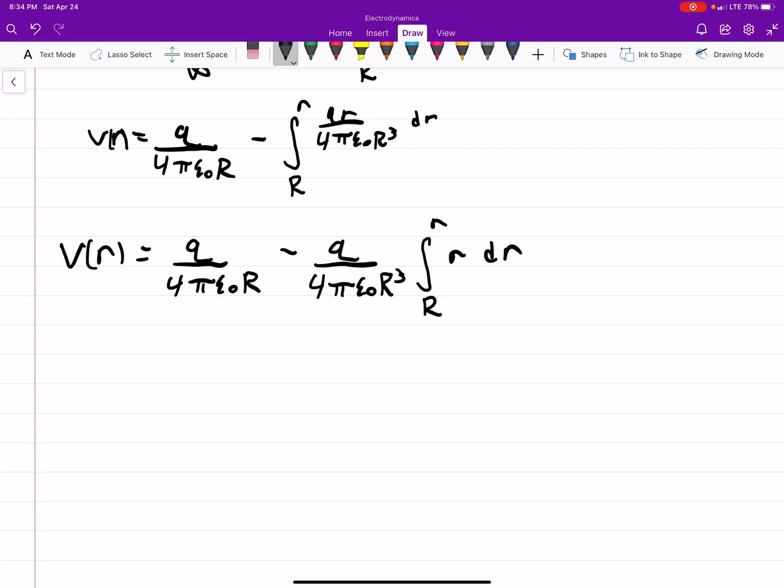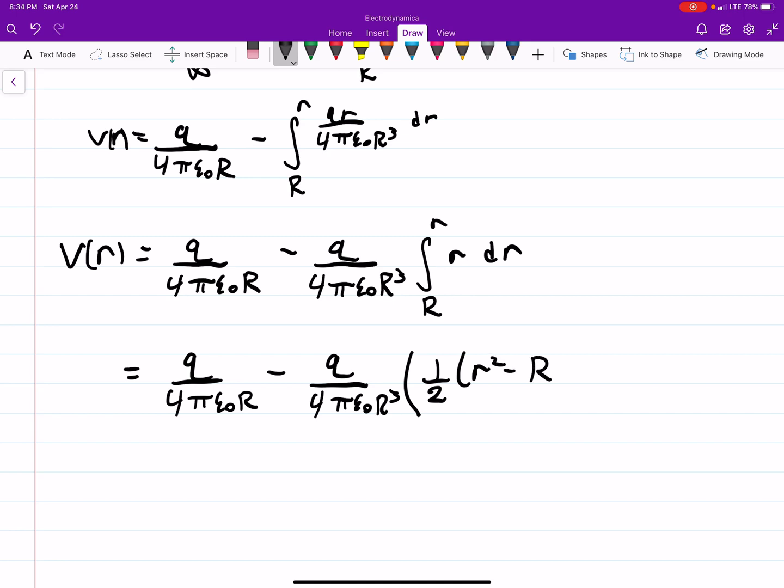So you'll end up getting Q over 4 pi epsilon naught big R minus Q over 4 pi epsilon naught big R cubed times 1/2, and then we can say r squared minus big R squared. Okay.